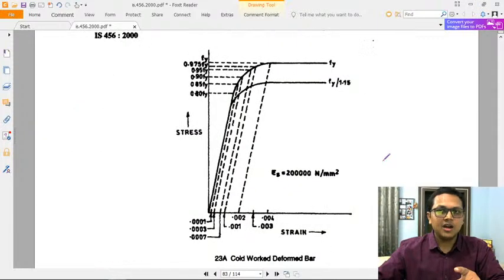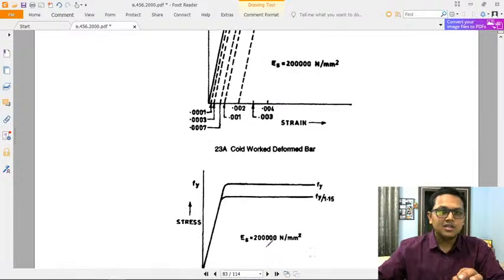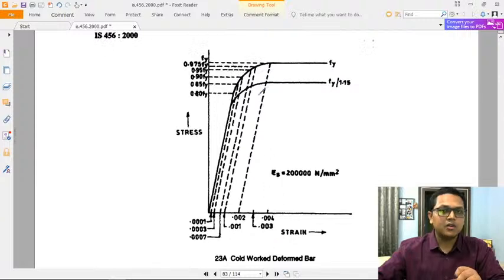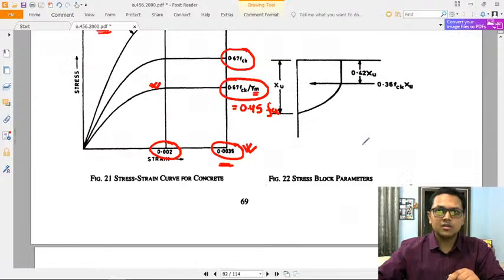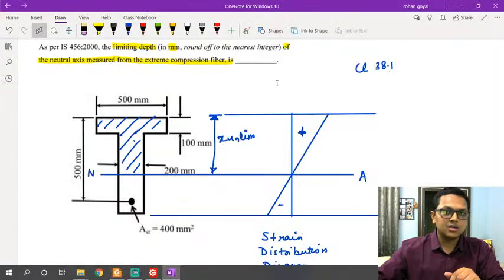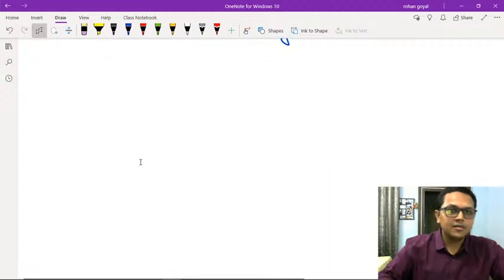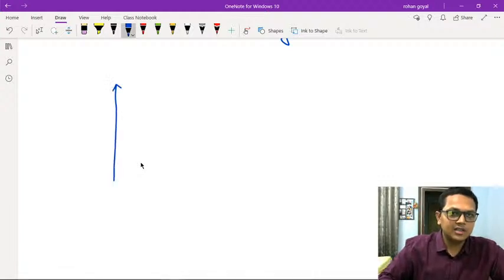If you see this graph, it gives the stress strain curve of the reinforcing steel. We'll study this separately.